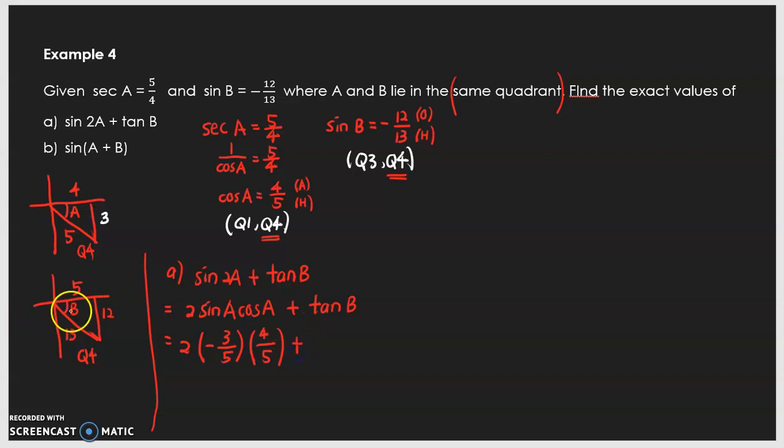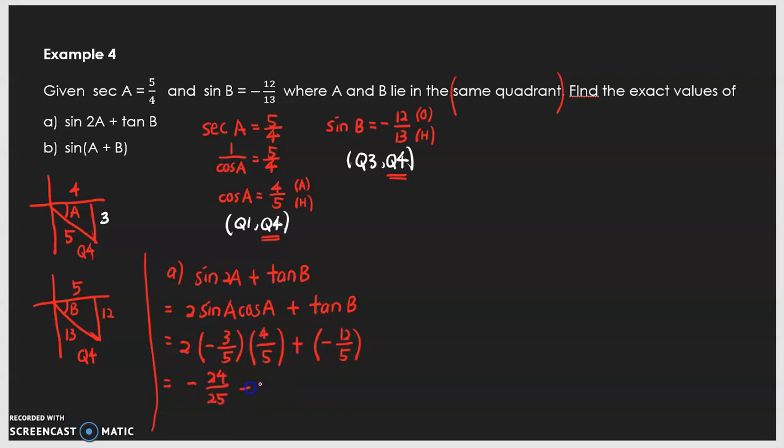Why is cos positive? Because A is located in quadrant number 4. Plus tangent B. Tangent is opposite over adjacent. Again, B is in quadrant number 4, so tangent will become negative. Opposite 12, adjacent is 5. By simplifying, here is 2 times negative 3 over 5 times 4 over 5, so I should have negative 24 over 25.